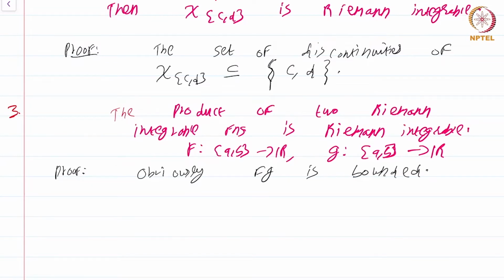Now the discontinuity set D_fg, the set of points where the product fg is discontinuous, is of course going to be a subset of the set of discontinuities of f, D_f, union the set of discontinuities of g. Note, I do not write equal to, I just write subset, think why that this will just be a subset.